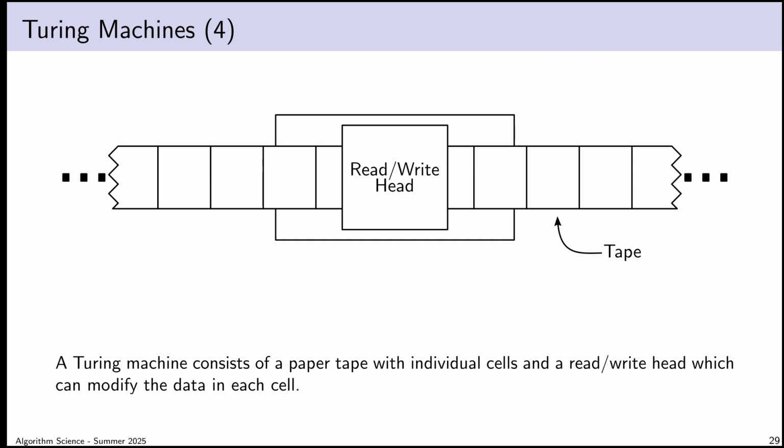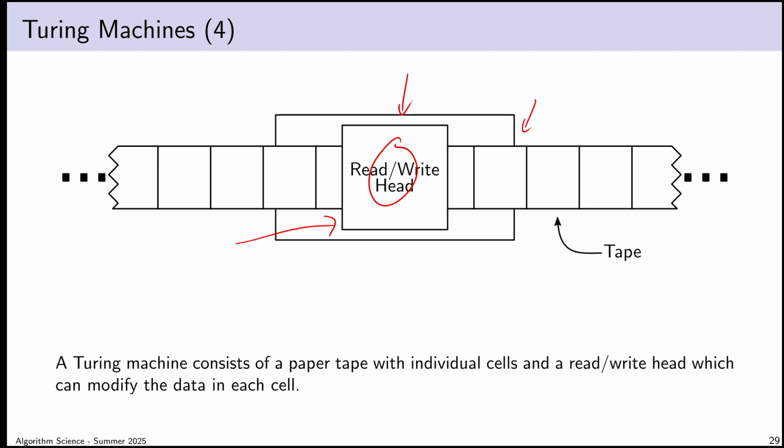So the tape is a way of storing individual symbols in the cells of the tape, and the symbols are taken from a pre-selected fixed alphabet. Now, the Turing machine itself consists of this read-write head, and you can see the tape is threaded through the read-write head. At each step, the Turing machine will look at the cell of the tape right underneath the read-write head, and then perform some action.